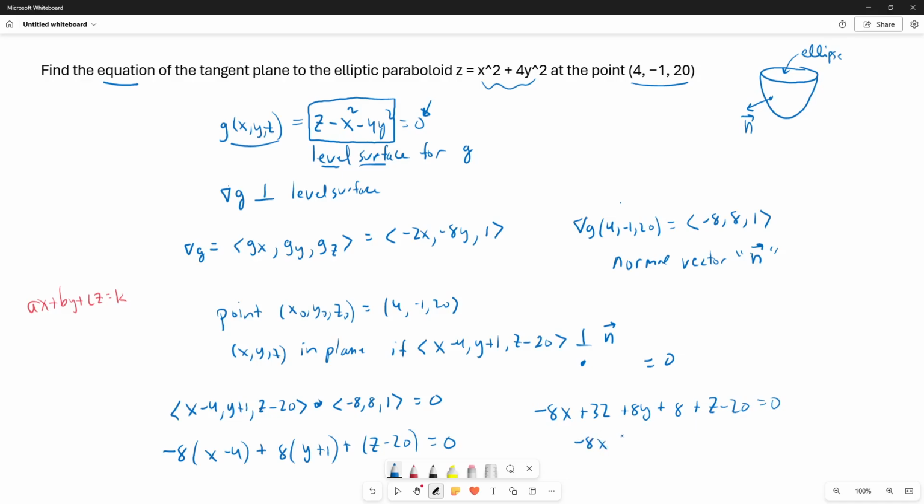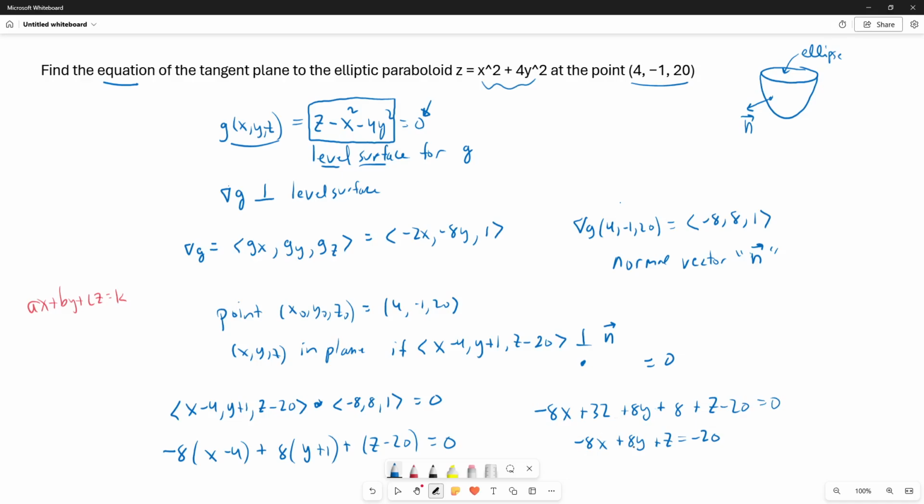So negative 8x plus 8y plus z is equal to negative 20. 32 and 8 are 40, 40 minus 20 is 20, and then we move it to the other side, so negative 20.